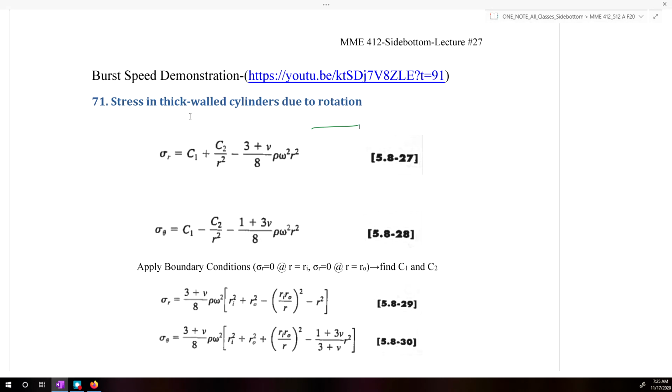In this case, we do have rotation, but we have no external pressures. So the external pressure and the internal pressure in this case are both equal to 0. And we go back to our general equation, which is equation 5.8-8.